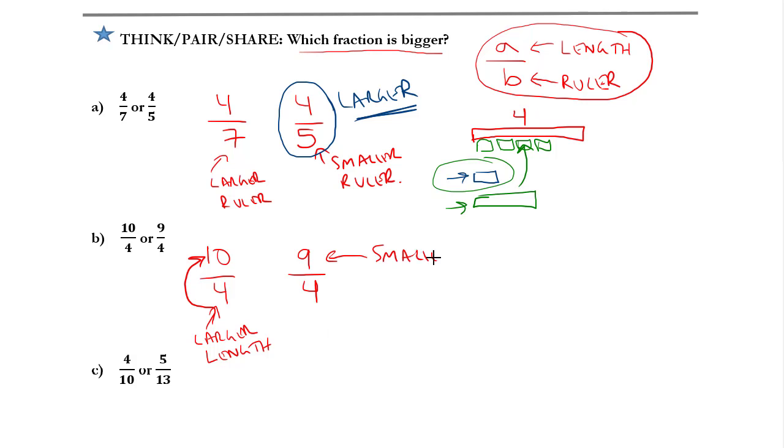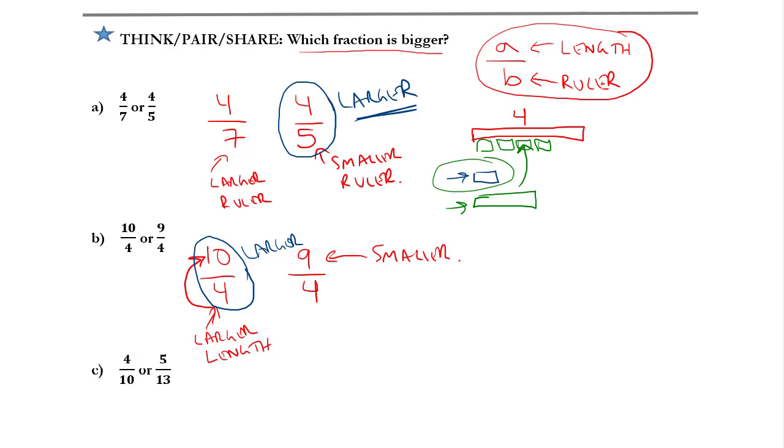Well, then clearly this 10/4 is going to be larger, because the ruler size is the same. So I'm using the same units to compare the magnitudes of the numerator. So that's great. Here we have that 10/4 is larger, just by comparing our numerators.